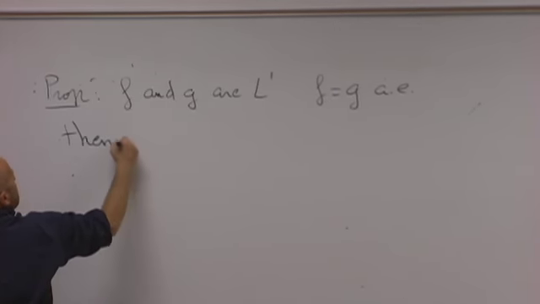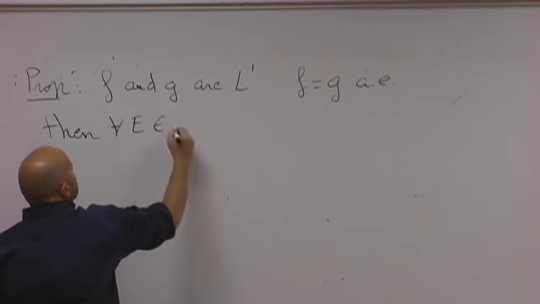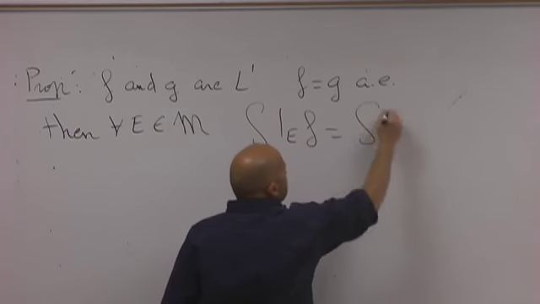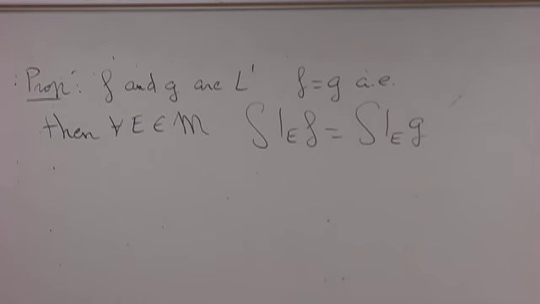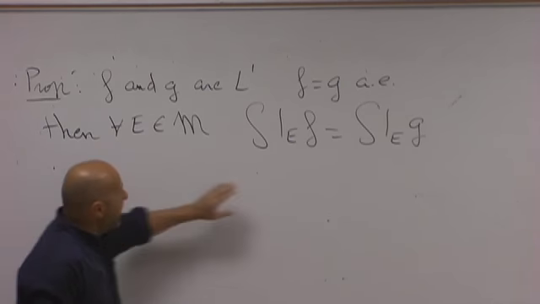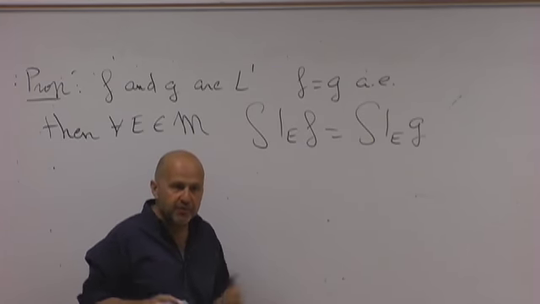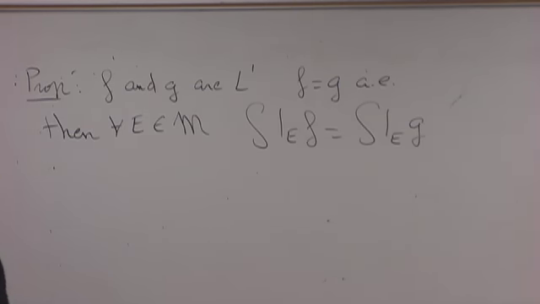Then for every measurable E, we have that the integral of 1_E f is equal to the integral of 1_E g. In particular, you can take your E to be the whole space X, and the integral of f is equal to the integral of g. Not that surprising that if your two functions are equal up to a null set, then the two integrals are equal. Okay, proof of that.